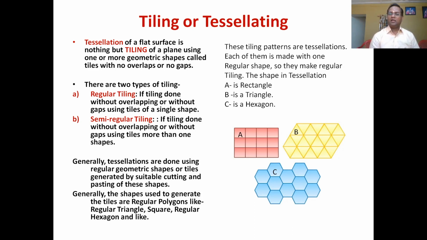But many a times we may see a regular tiling pattern, and many a times we may see a semi-regular tiling, that is two or more than two shapes are used to make a tiling.